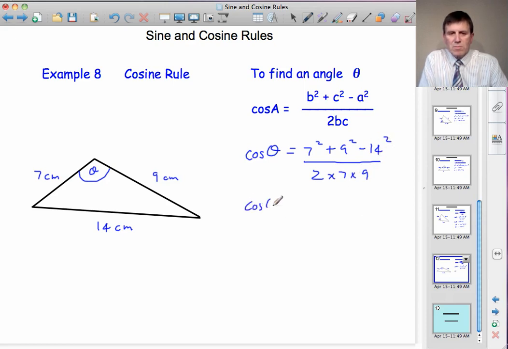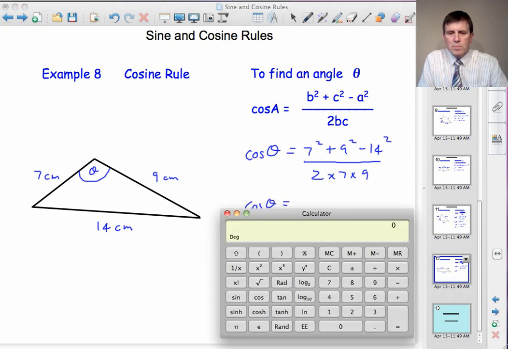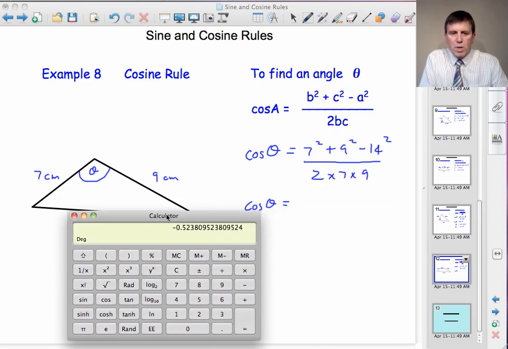So cos theta is equal to 7 squared plus 9 squared minus 14 squared equals, and you can see I've got a negative number. Now I'm going to divide that by, open bracket, 2 multiplied by 7 multiplied by 9, close bracket. So that's minus 0.5238.